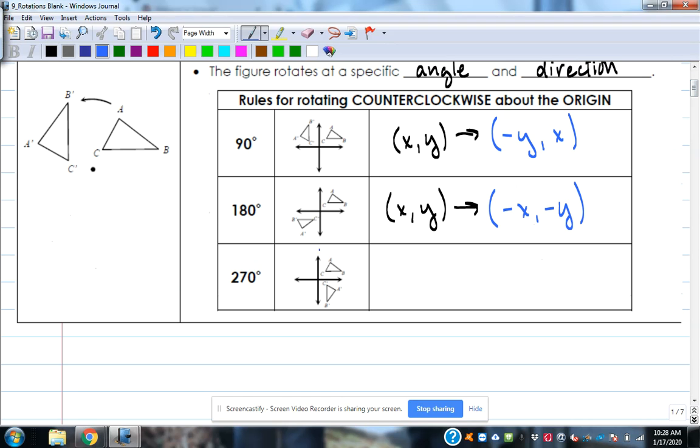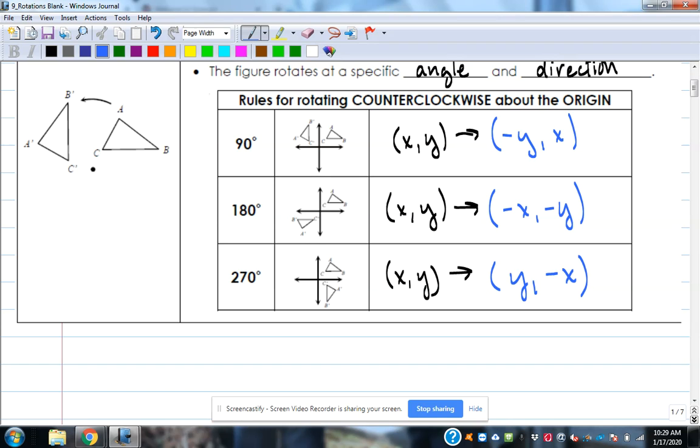And then the last one is 270 degrees. You take your original ordered pairs of the vertices, and you swap X and Y and change the sign of that X. Those are how we do these rotations.